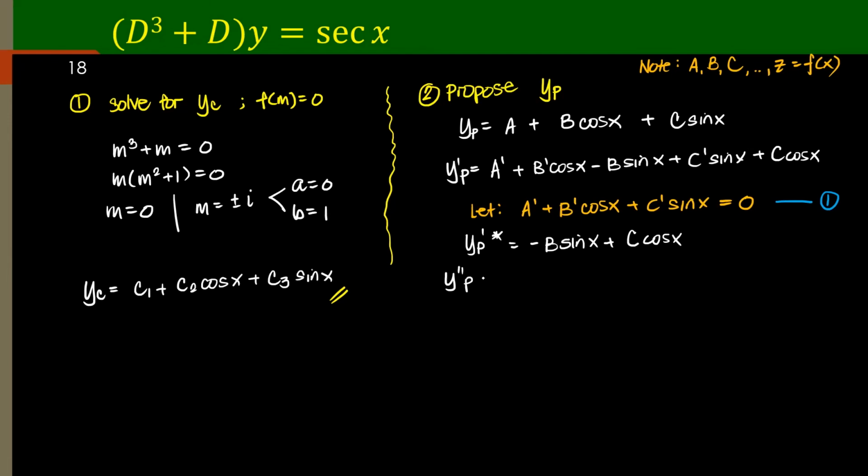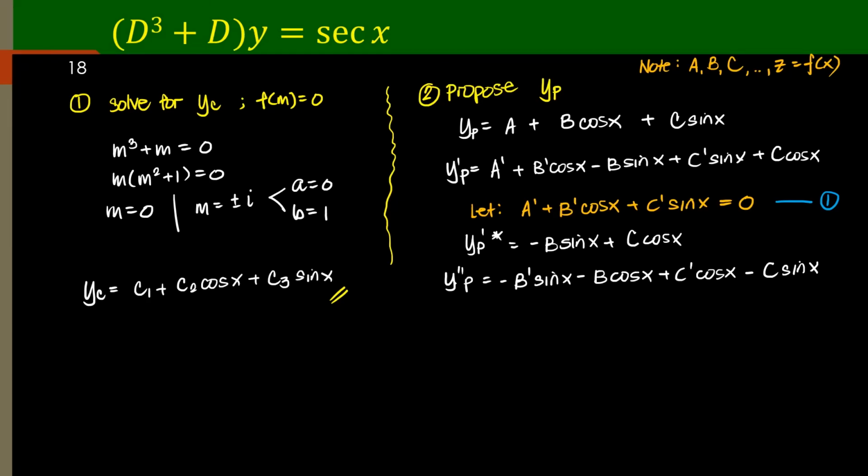So we're doing the second derivative now. So negative b prime sine of x minus b cosine of x plus c prime cos x minus c sine of x. So guys, this is the y double prime.